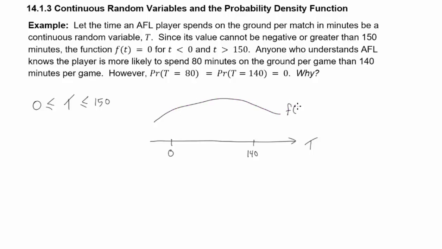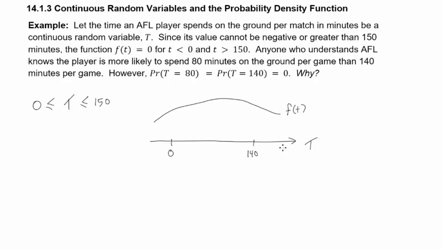And I'll define a function f of t, and f of t is what we call a probability density function, which represents the probability that a player will be on the field within a time frame. I'll explain that in more detail.